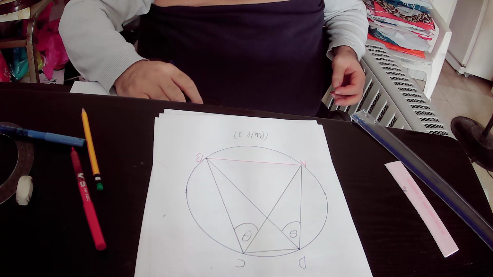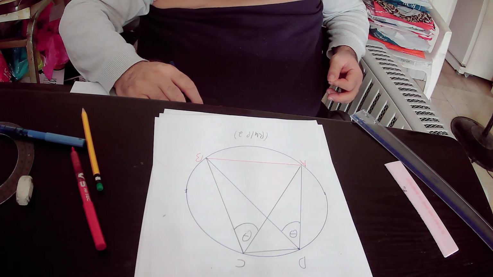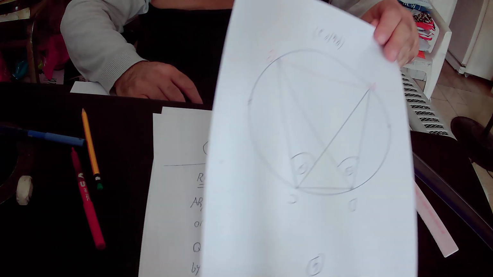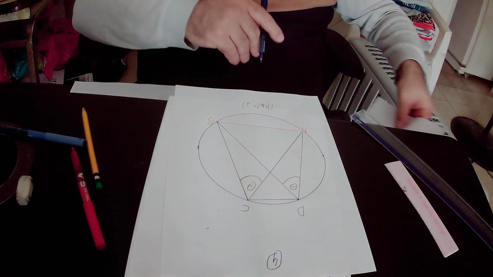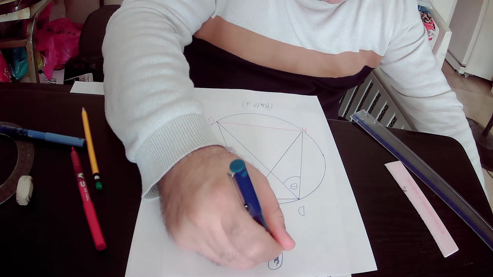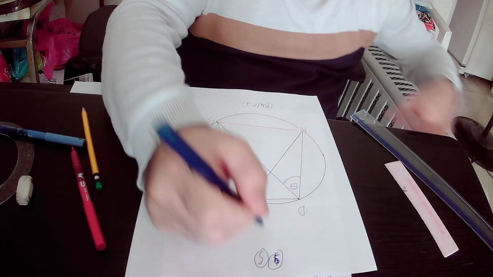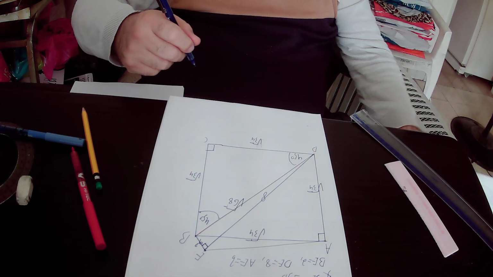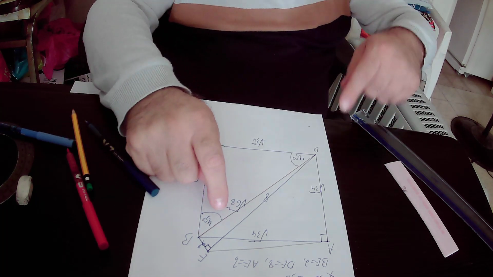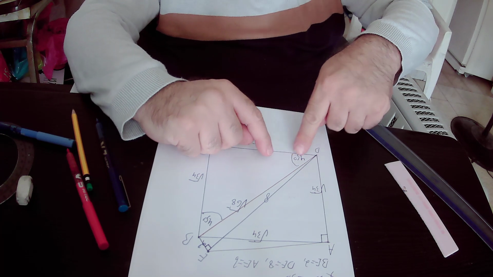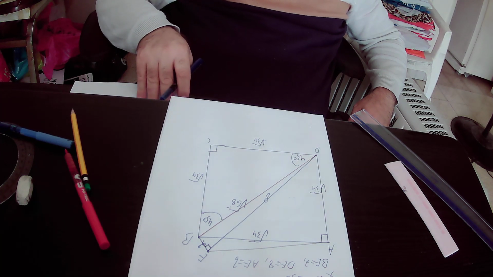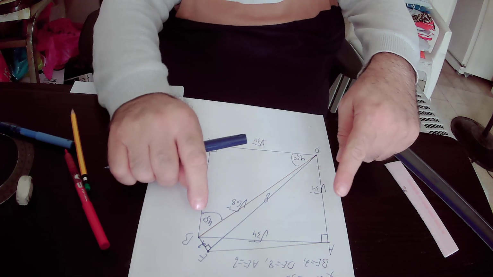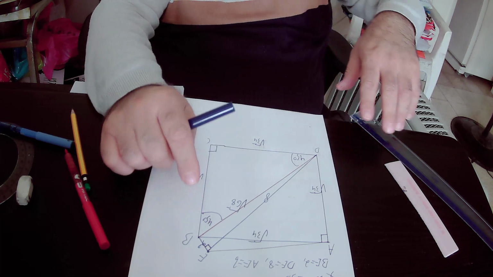We can implement rule number 2 in our drawing, because in our drawing we have two right angles that subtend on the same line segment BD.